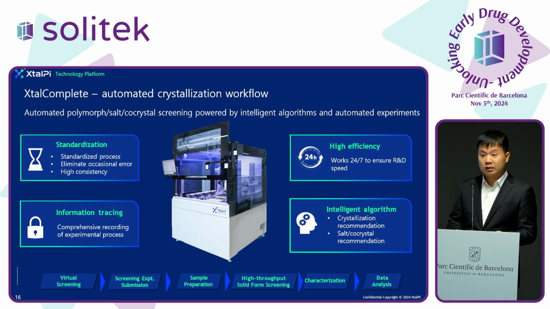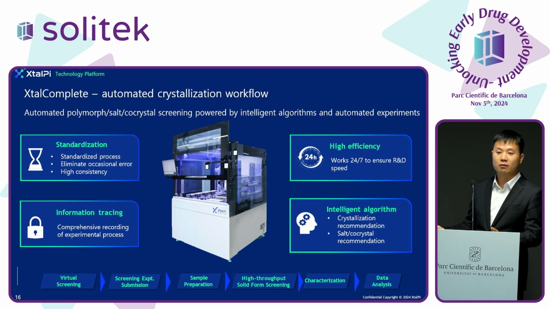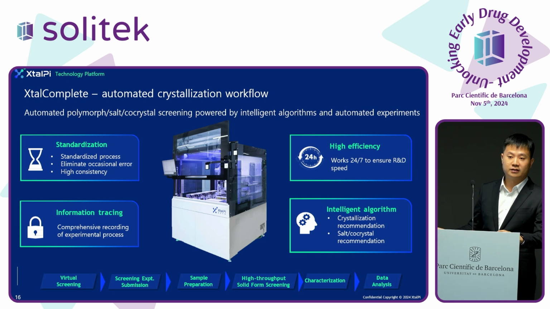One advantage of this station is that it can give you standardized and consistent data. You don't need to rely on scientists to do the experiments; you can just use the automation station to perform the experiments 24 hours, 7 days. And then you are able to generate a lot of standard data which can be used to train the AI model we developed in-house.